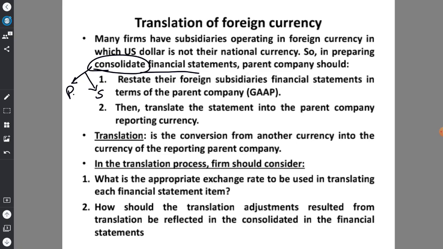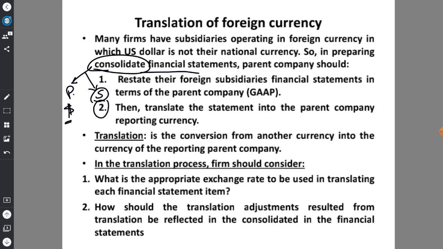For example, if the parent company is located in USA, so they have their own currency which is US dollar. طب the subsidiaries located in different countries, each one of them has her own currency. أنا عندي هنا different currencies that is subsidiaries. فأنا لما أجي أعمل translation I'm going to use different exchange rate.